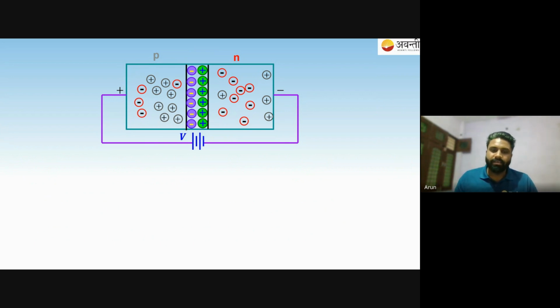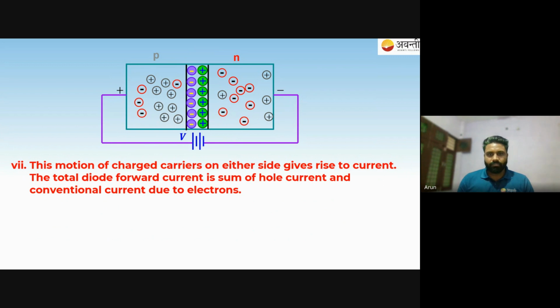That is why it is completing the circuit. Just look at it again. This is completing the circuit, so we have a value of current in the circuit, giving rise to the current.